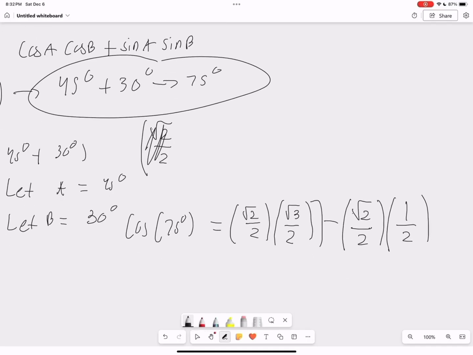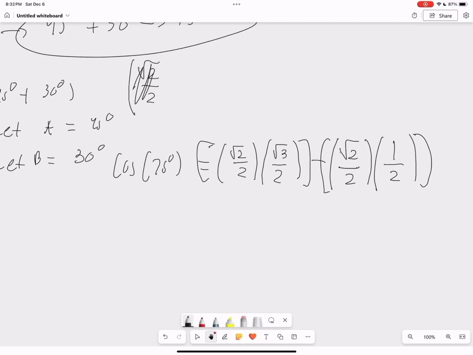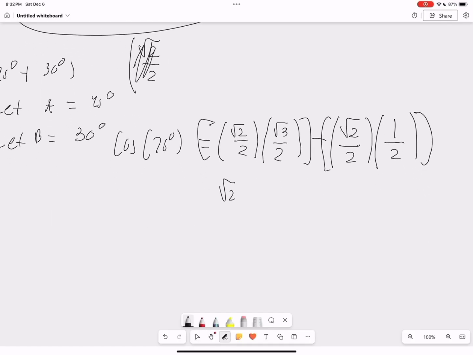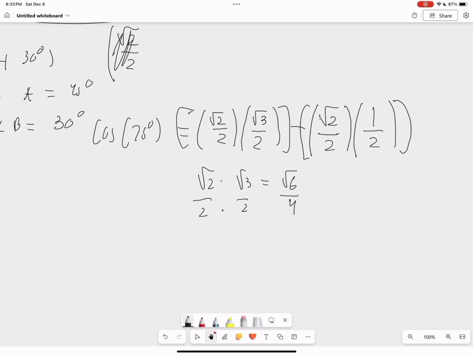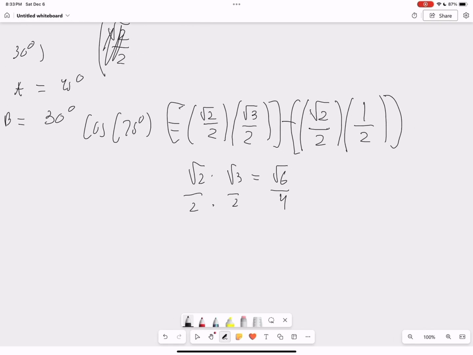So let's do the algebra. What's the square root of 2 times the square root of 3? Remember the property: we can multiply the insides because we have two roots, so we get the square root of 6. And then we multiply the bottom, which is 4. Now, can we simplify the square root of 6? No. So we just leave it as root 6 over 4.